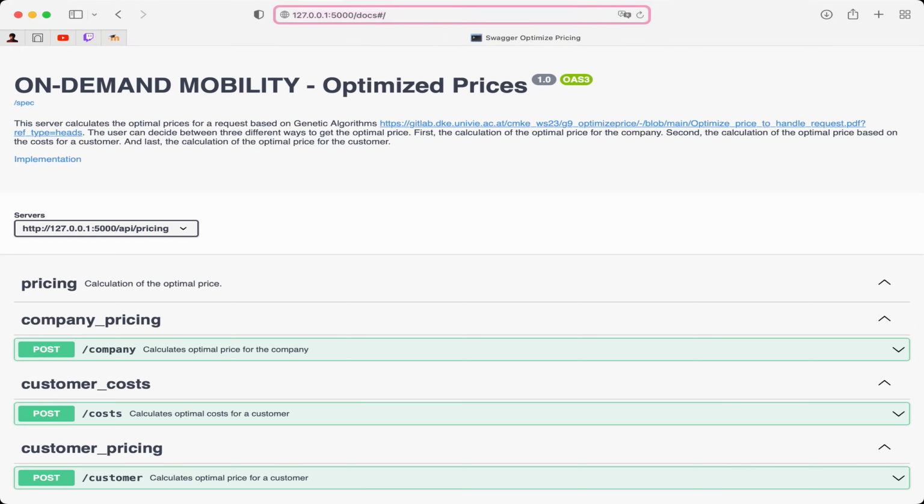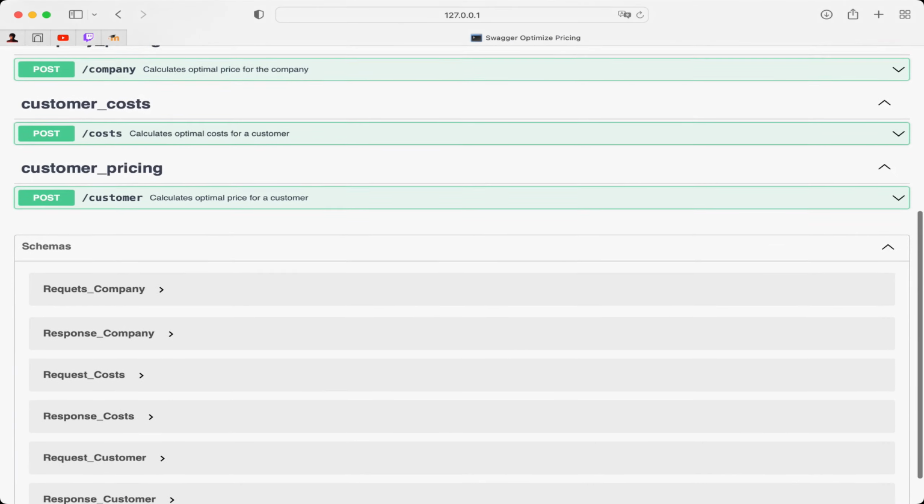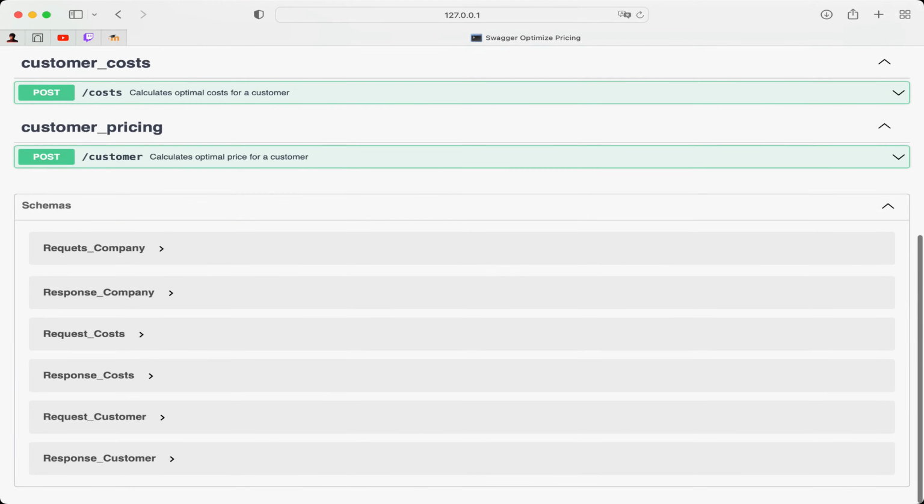You can access this page with the base address /docs, and you have a short description over the endpoints and a link to the paper to get an overview over genetic algorithms, and you also have a link to the implementation.